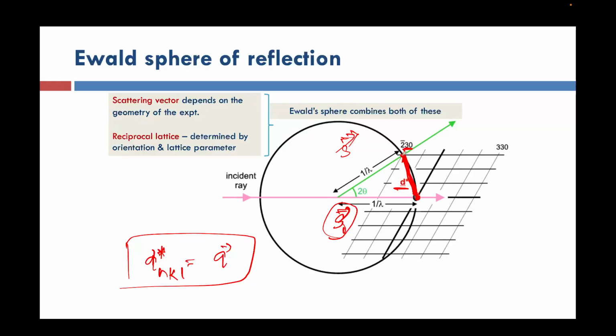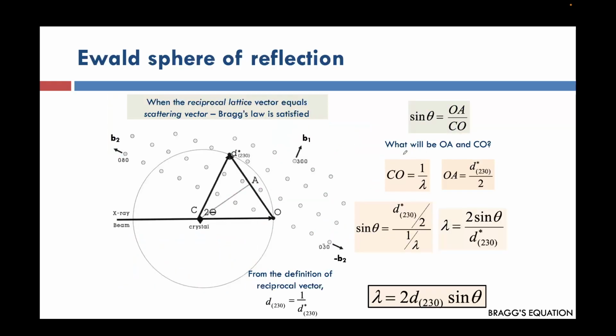That means any point which comes onto the surface of the Ewald sphere, that means any plane in real space which comes onto the surface of the Ewald sphere, that point will only give me this. And how have I characterized this? I have characterized sine theta. If you geometrically calculate, sine theta will be given by d star by 2 over 1 by lambda. Let's say I am taking this point as 230, d star 230. That means in real space this is the 230 plane.